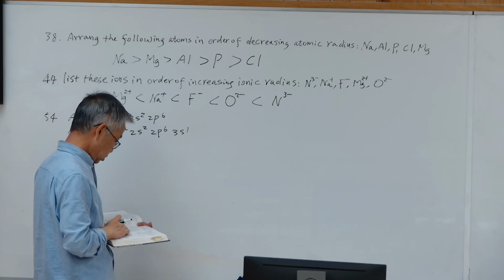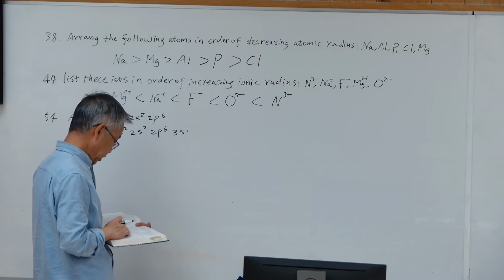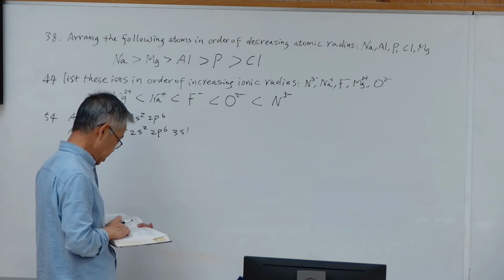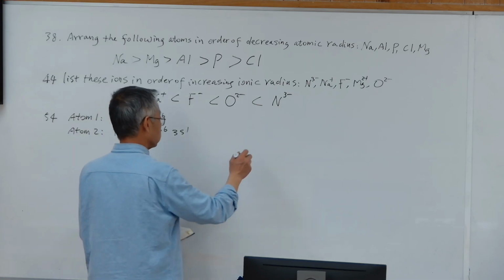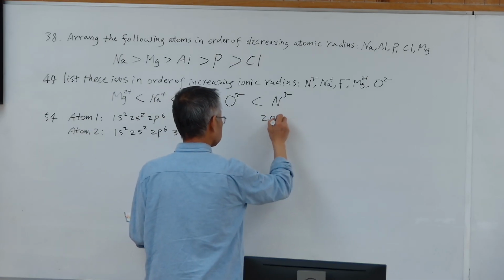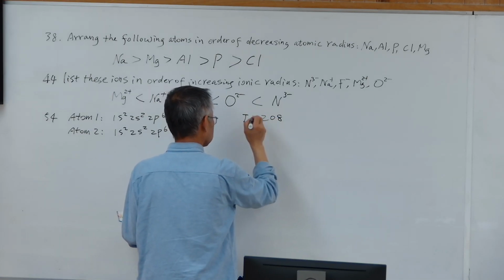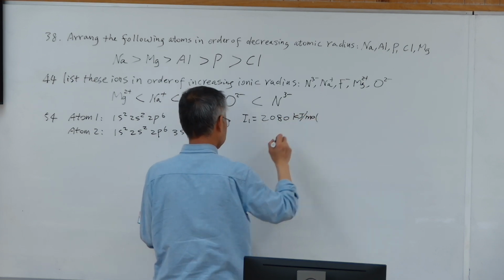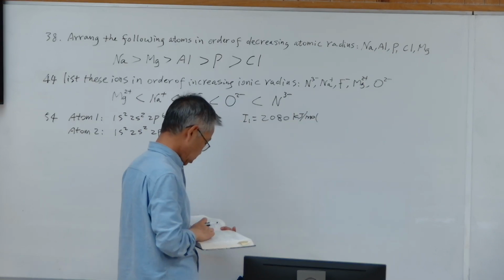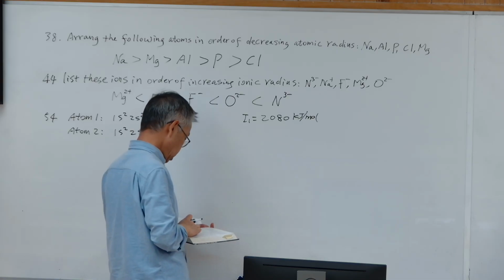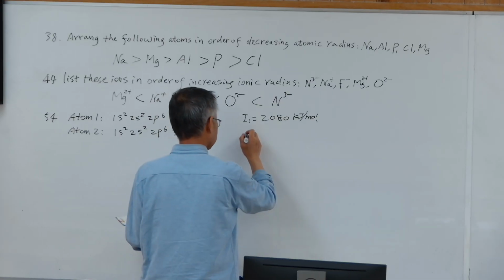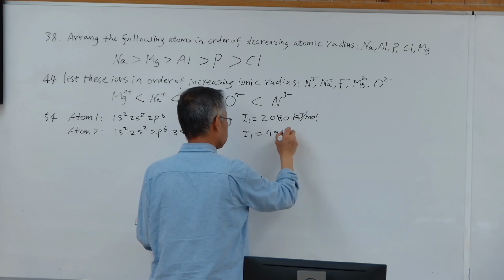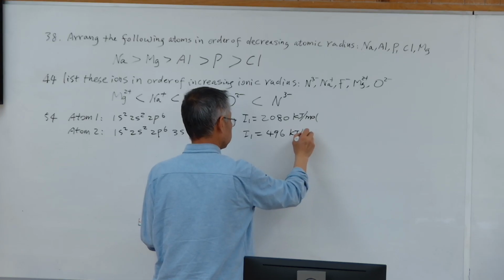And the first ionization energy of one atom is 2080 kilojoules per mole, and the other atom's first ionization energy is 496 kilojoules per mole.